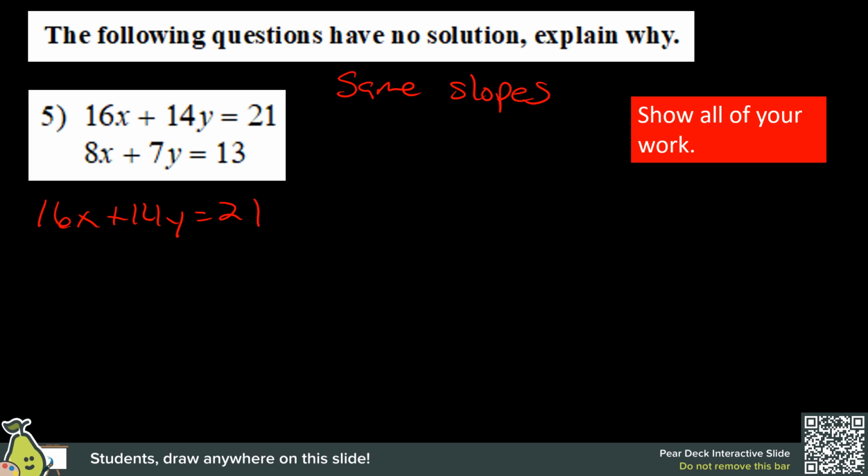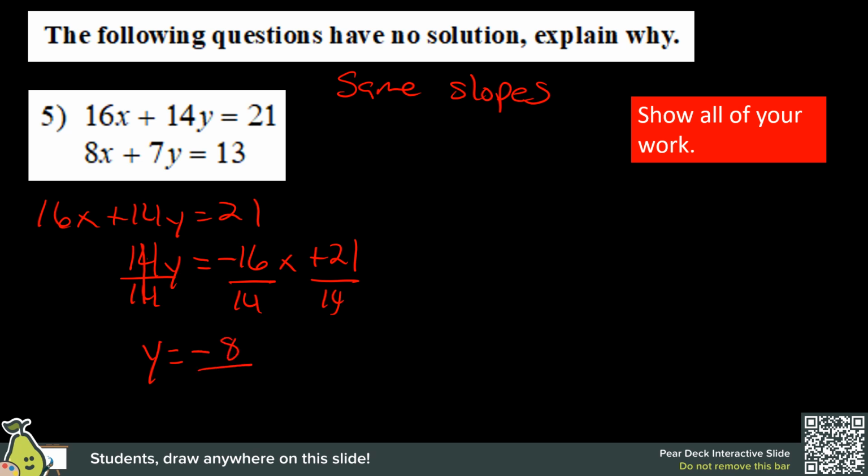So when we do that, we'll subtract 16x from both sides. So we get 14y equals negative 16x, okay, plus 21. We'll divide everything by 14. It simplifies that. We get y equals, so we want to start reducing these. Well, this would be the same thing as negative 8 over 7x plus 3.